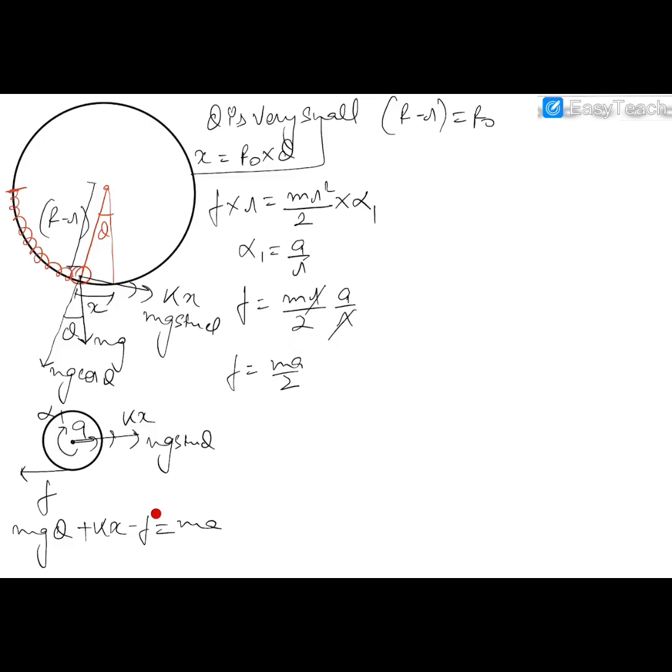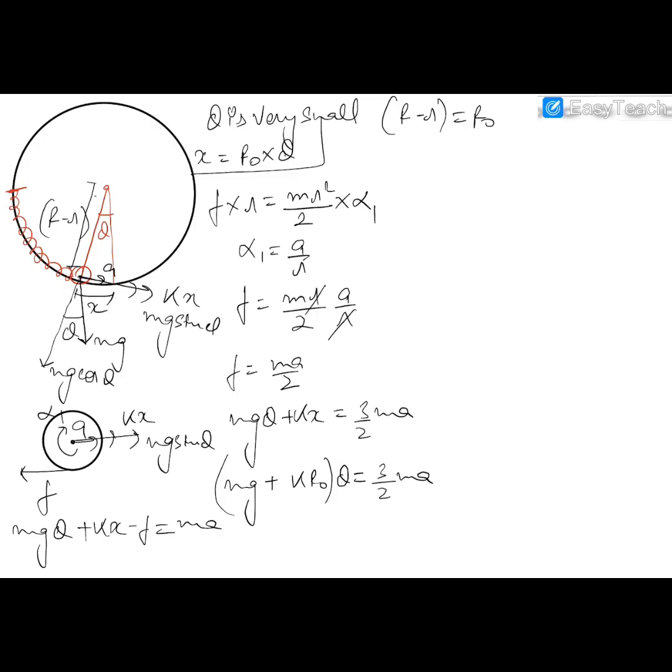Substituting this value in this equation, we can say that mg theta plus kx is equal to 3 by 2 ma, and the value of x is r naught theta. So mg plus k r naught, and theta is common, is equal to 3 by 2 ma. Okay, and a is the acceleration of the center of the disc, like that.